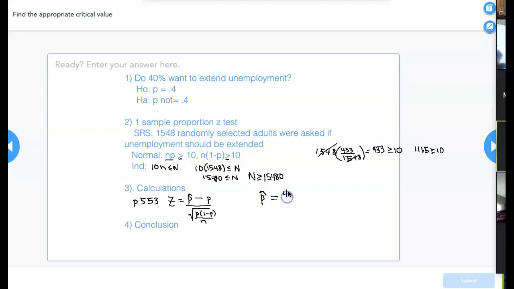P hat was 433 out of 1548. So we're going to calculate that number as a decimal. Use decimals, not percentages, when you're doing calculations. 0.2797. Okay, I'm going with 0.28 for that.